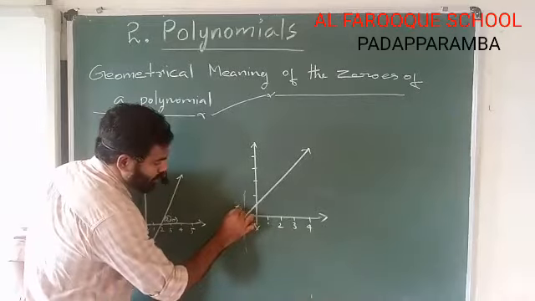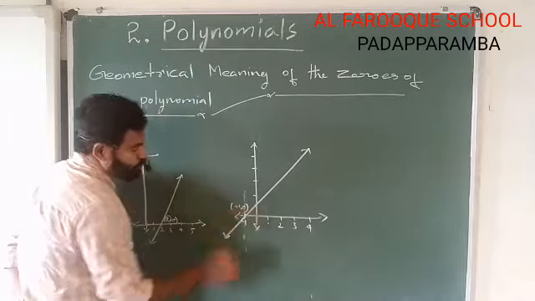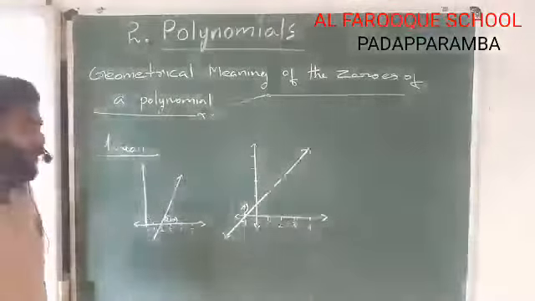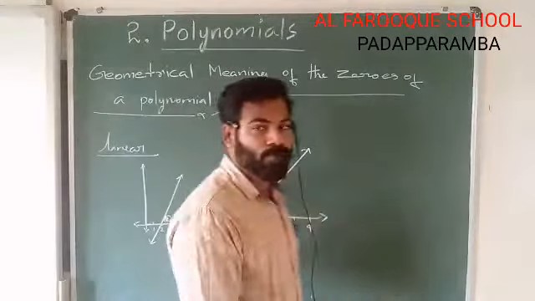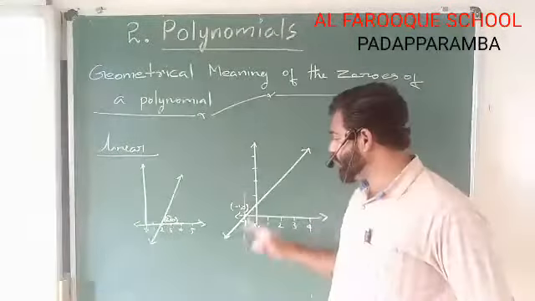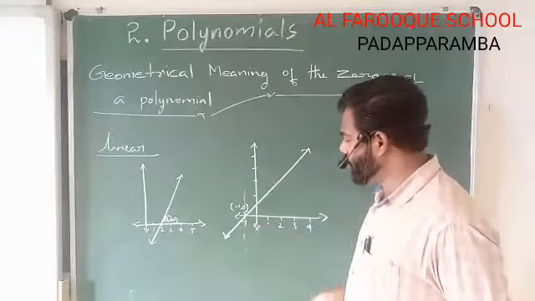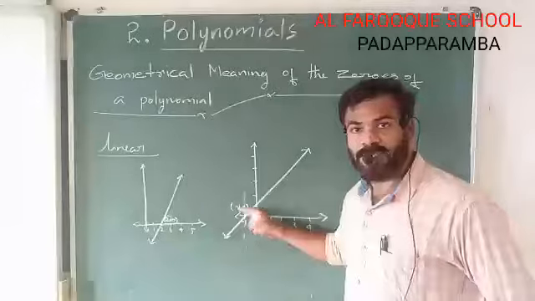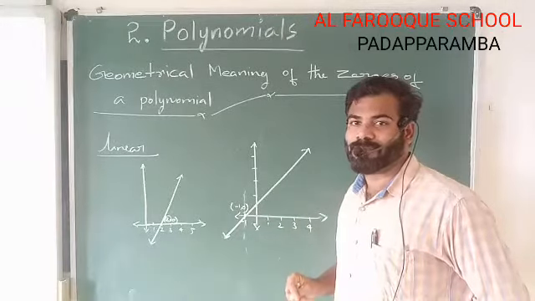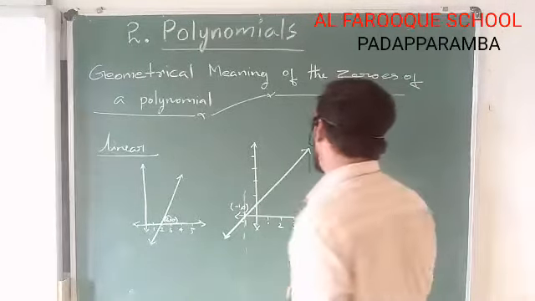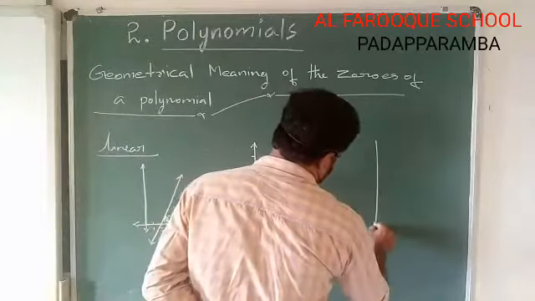Here the point is (-1, 0). And here we can say that the zero of this linear polynomial is equal to -1. Is it clear? Consider one more example.